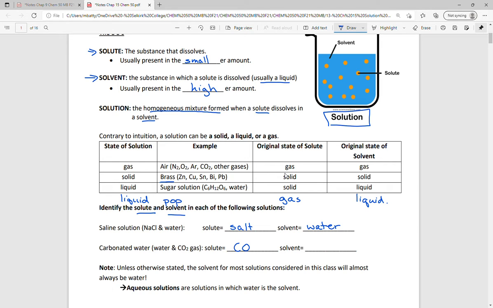The CO2 is what's dissolved in the solvent, which is water. Unless otherwise stated, most of the solvents that we will talk about will be water. Those were all the aqueous solutions that we were talking about. Anytime you saw that aq after a compound, that means that compound was dissolved in water. So a lot of that's review, and a lot of the next page is also a review.